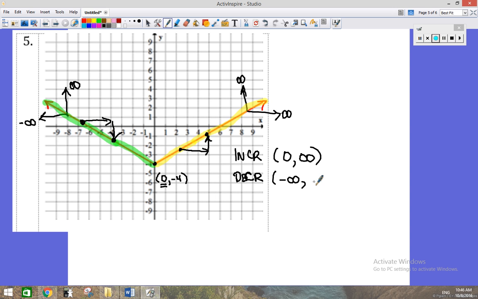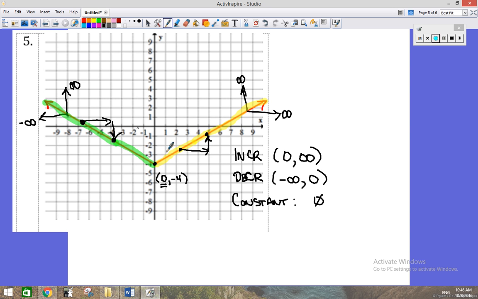So from negative infinity all the way to 0, and then I don't see any horizontal portion of the function. So this function is constant nowhere, or never constant, or if you're describing an interval, it's the empty set. There is no interval over which the function is constant.